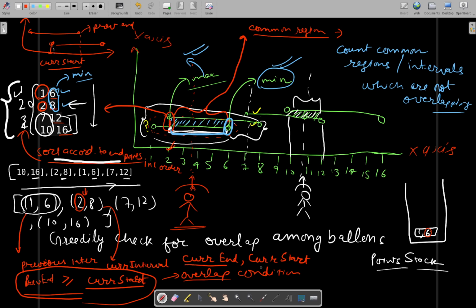So how will they be updated? According to this max and minimum scheme. Let me bring it to another slide. We will be doing these two operations whenever there is an overlap. Current start will be, not minimum, we will be taking maximum actually.